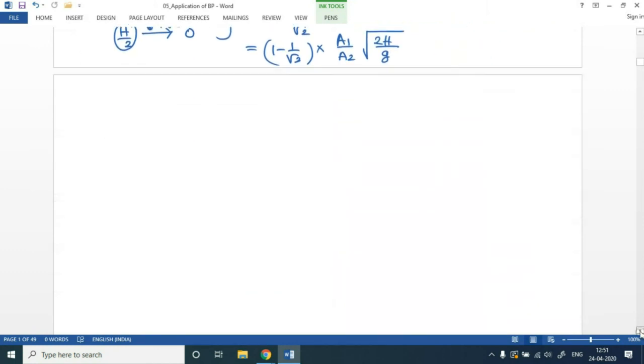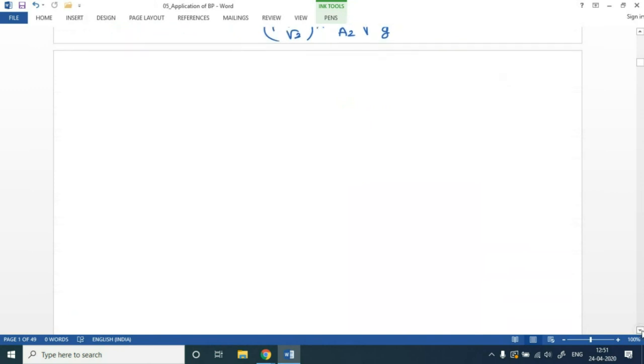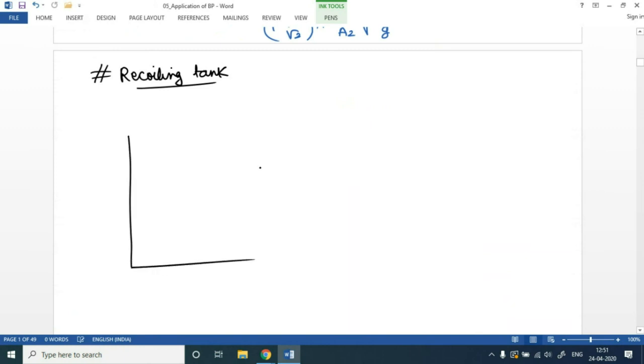Another variation in this similar problem is that there will be recoil of the tank, or you can say a recoiling tank problem. So let's say this is the same tank we are looking at, and let's say this is kept on a smooth horizontal surface.